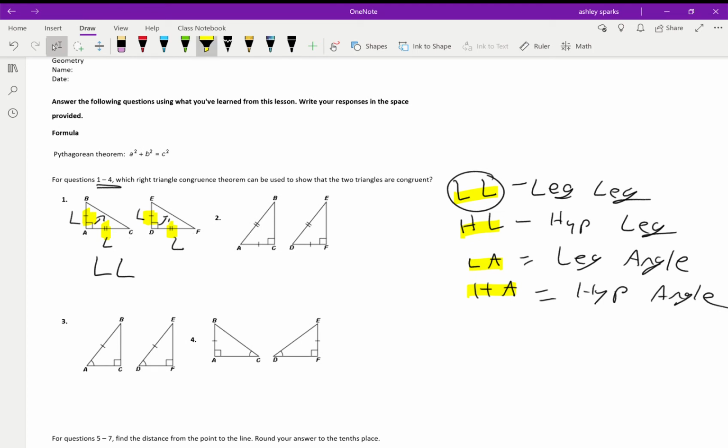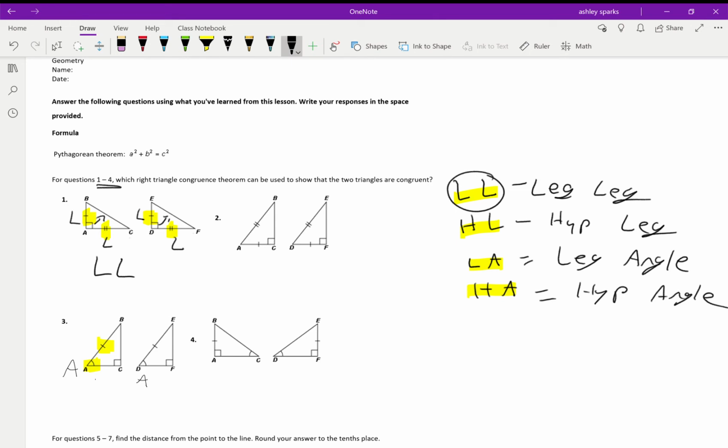You can highlight what you're given. If I can mark my highlighter. Here I'm given this little curve and a little side marking. Well, a curve like this, when you see that curve on the inside, this is now an angle. Okay?